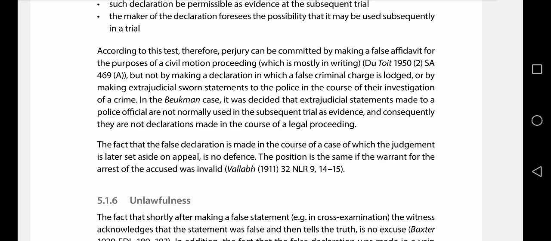In the Buchmann case, it was decided that extrajudicial statements made to a police officer are not normally used in a subsequent trial as evidence, and consequently they are not declarations made in the course of legal proceedings.